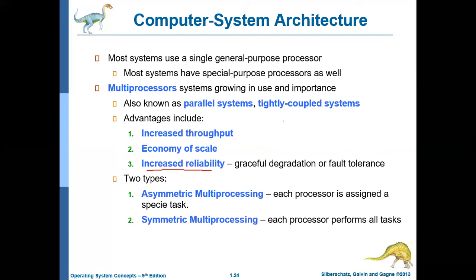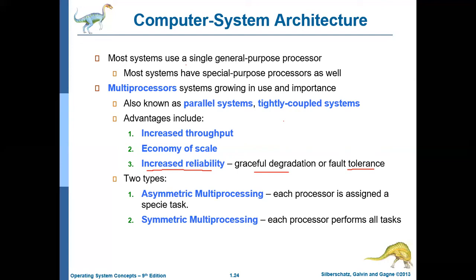Increased reliability happens in two ways. One is called graceful degradation. The other is called fault tolerance. I will give one example for graceful degradation. The example I quoted previously comes under graceful degradation.